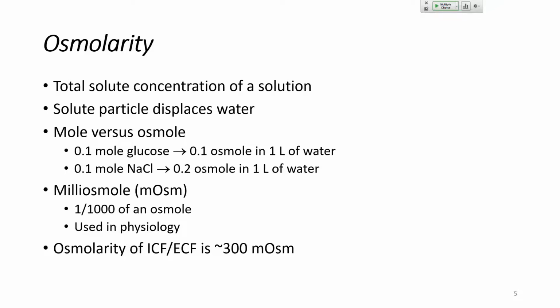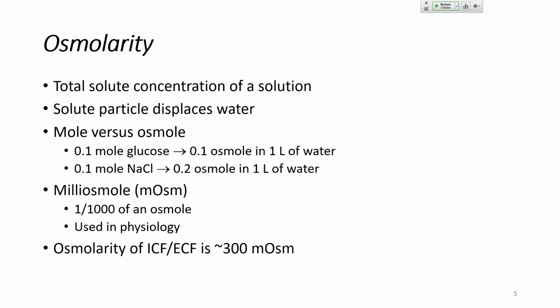Very importantly, because osmolarity looks at the total number of solute particles, we're going to consider that sodium as one particle, we're going to consider that chloride as one particle, and so the osmolarity of that solution would be 0.2 as opposed to 0.1. So that's a really helpful example to show that osmolarity looks at the total number of solutes dissolved in their individual particles.